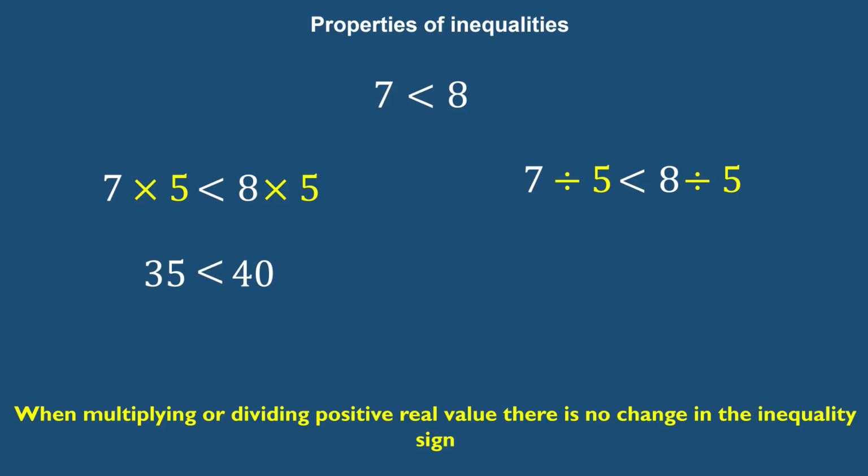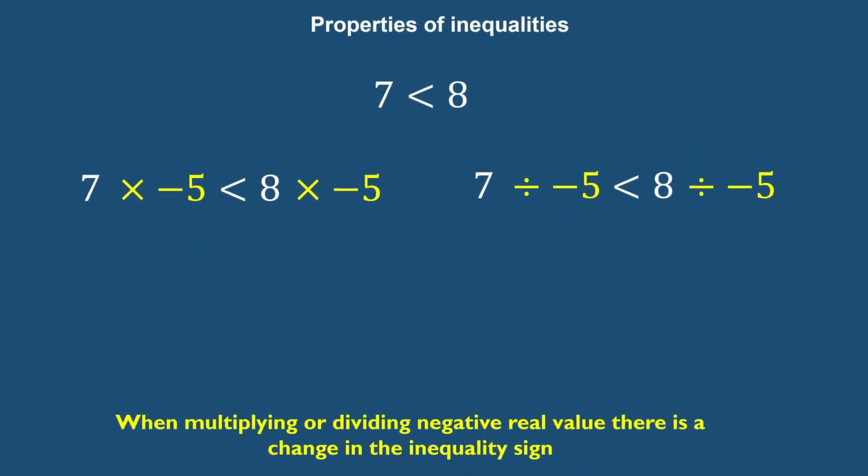Then, if we divide 7 by 5, it will be 1.4 and 8 over 5, it will be 1.6. So, 1.4 is less than 1.6. So here also there is no change in inequality sign if we multiply or divide by a positive value.